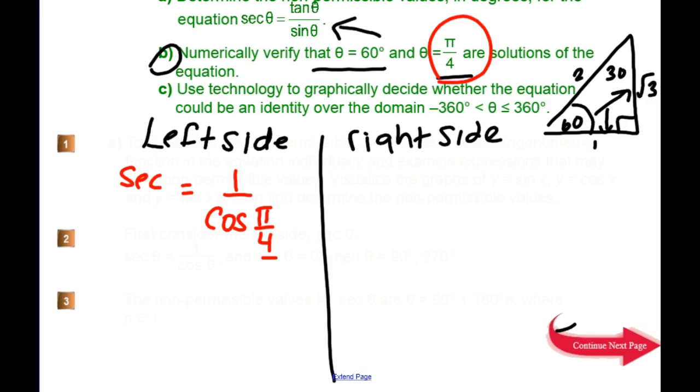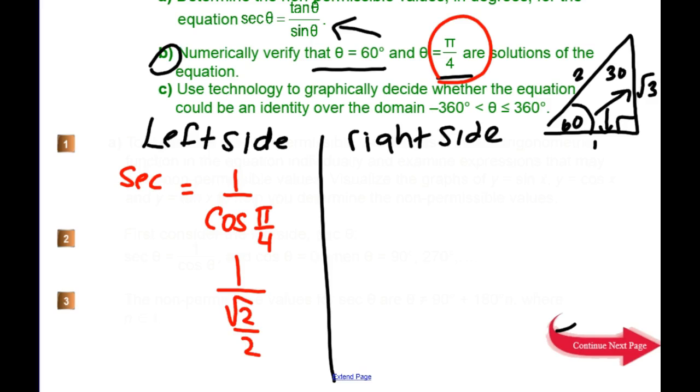Okay, so we have cos pi over 4. If you look on your unit circle, what is the point where pi over 4 is cos? Root 2 over 2. Okay, so I'm going to be writing it as root 2 over 2.